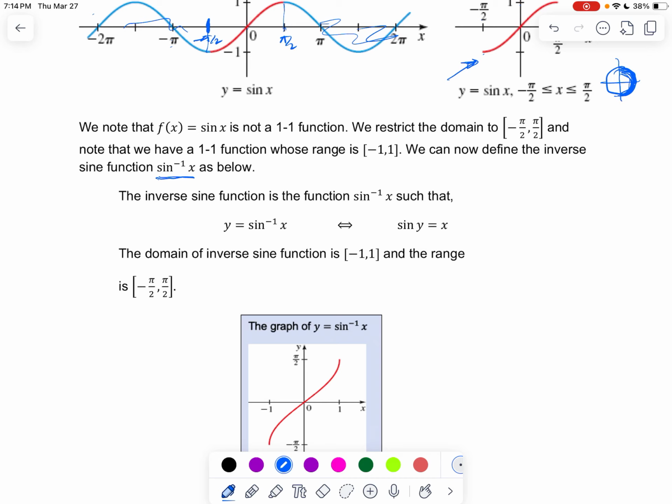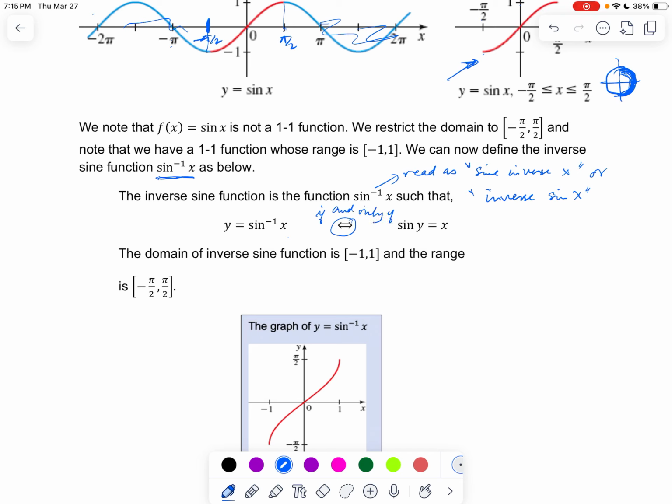The inverse sine function, we read it as sine inverse x or inverse sine x, such that y is equal to sine inverse x if and only if, and this symbol is for if and only if.